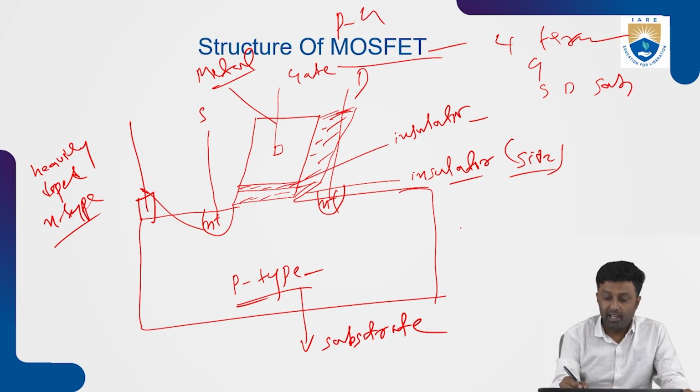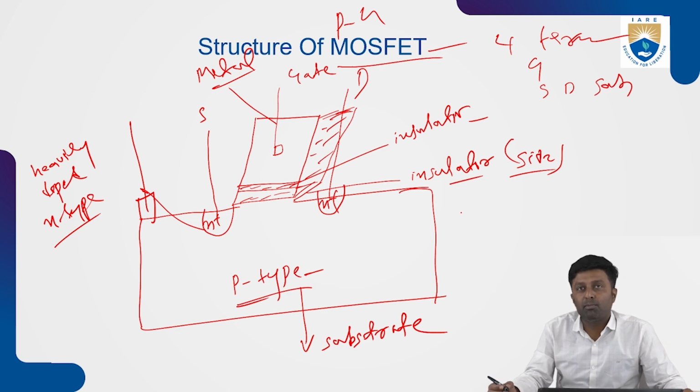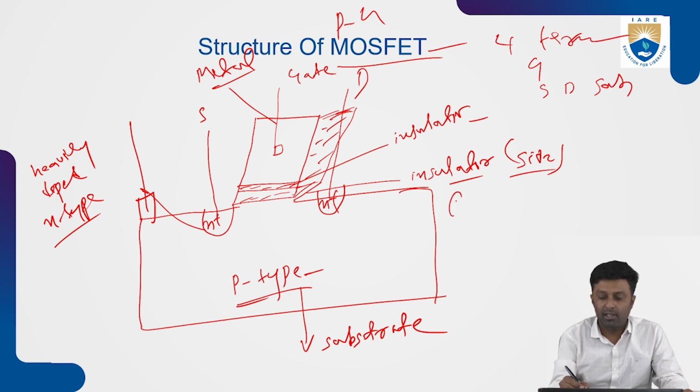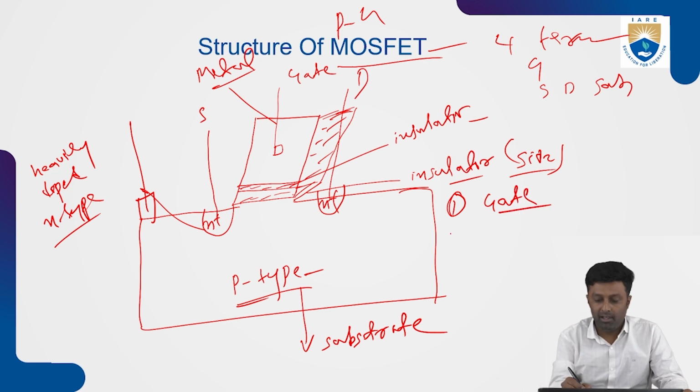So this is the structure of the MOSFET. It has four terminals. The first terminal is the gate, which is made up of the metal aluminum, then the oxide, that is silicon dioxide.